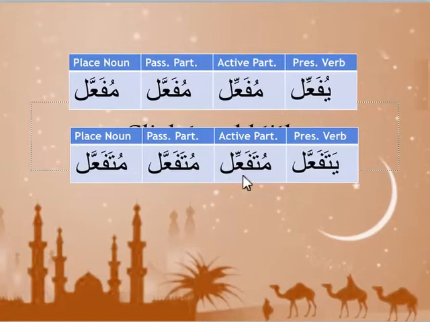And it's pretty simple. So all we did was stick a mu in front of these words, and we got all of these. So the verb yatafa'al, active participle mutafa'il, passive mutafa'al, the place noun is the same thing.